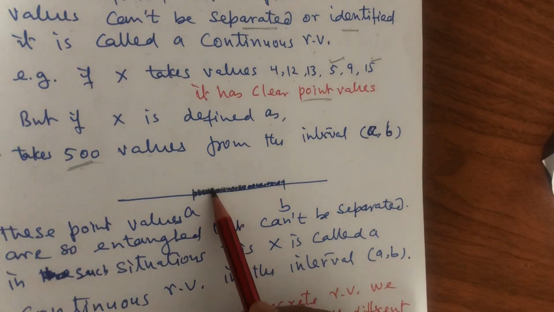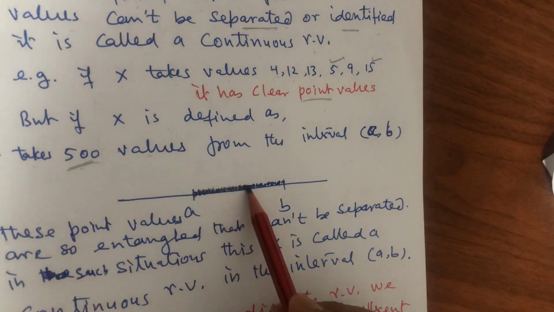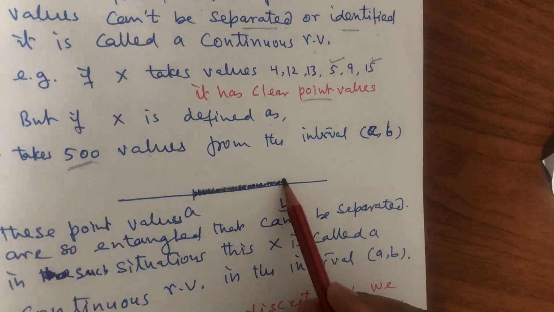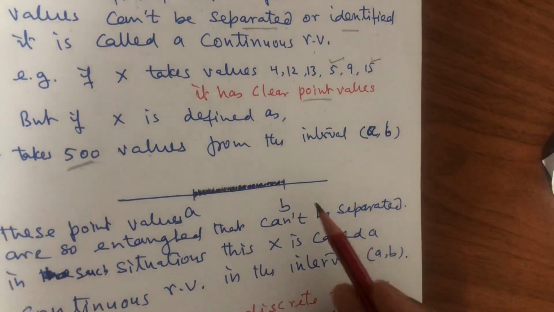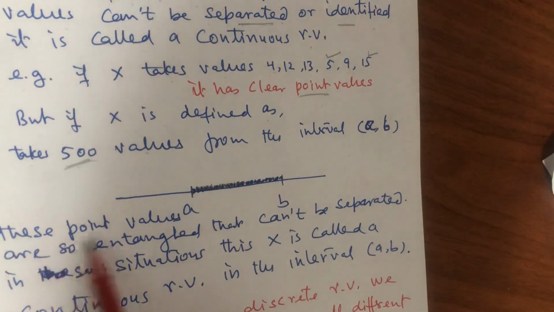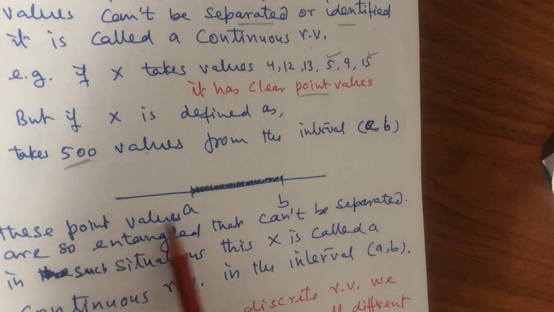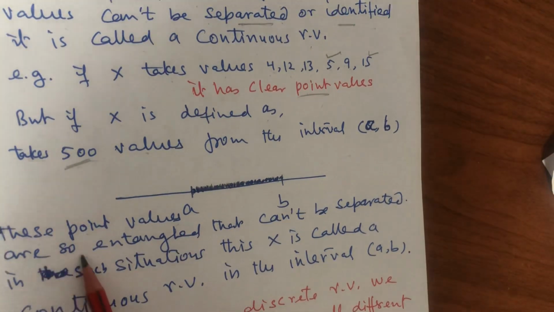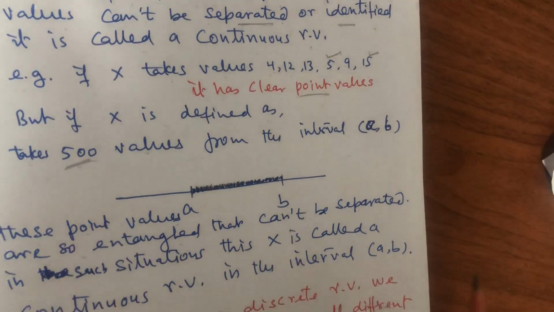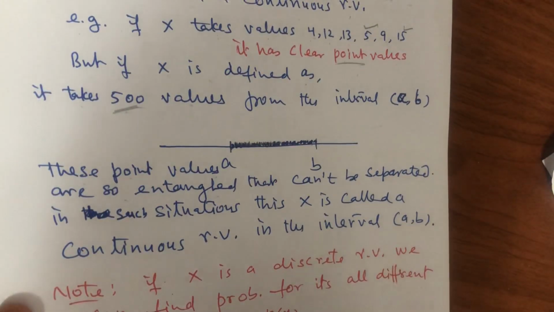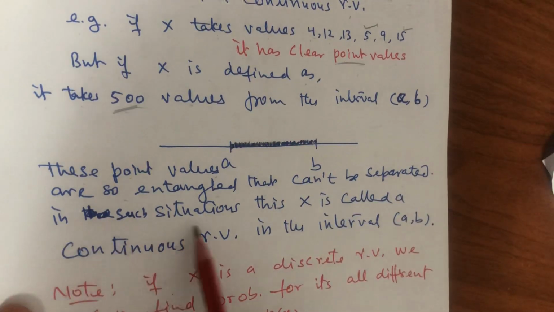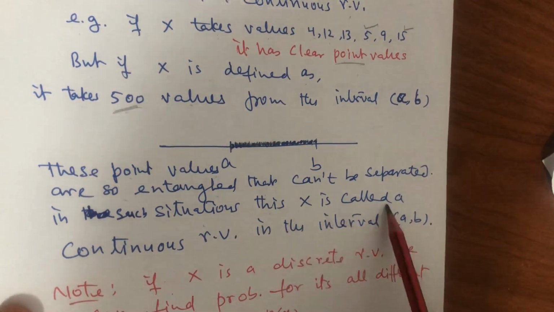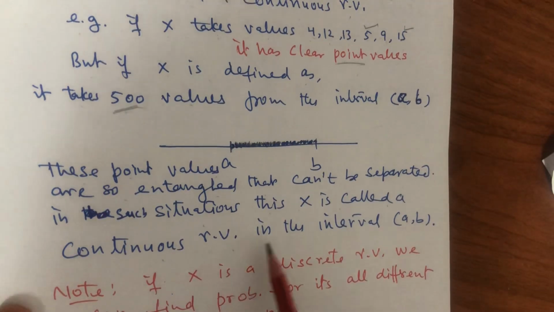It is difficult to identify them. These point values are so entangled that they cannot be separated.